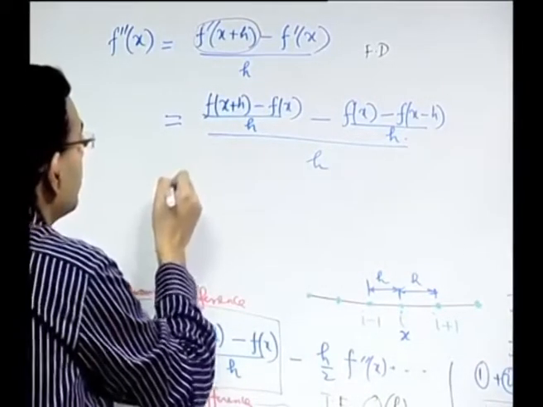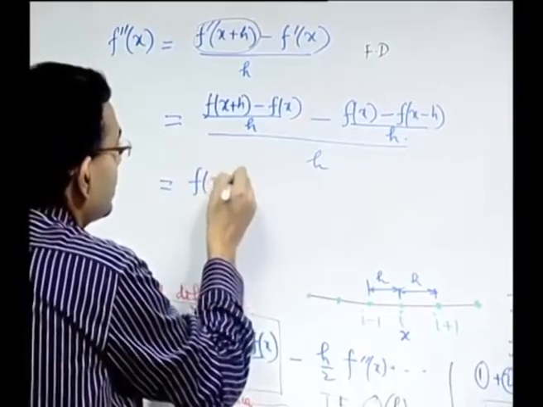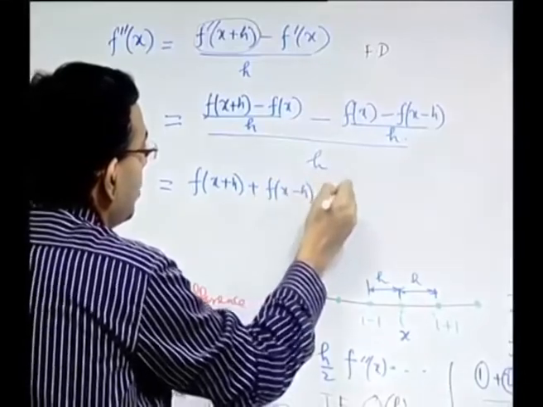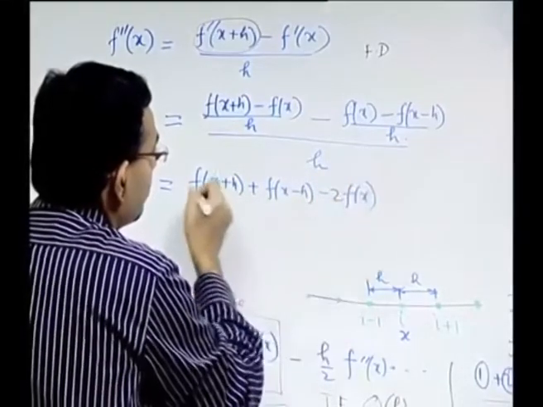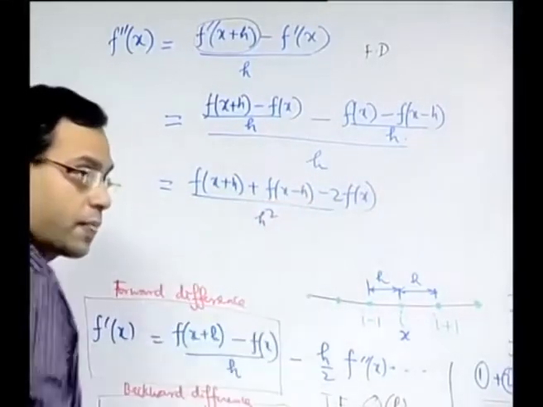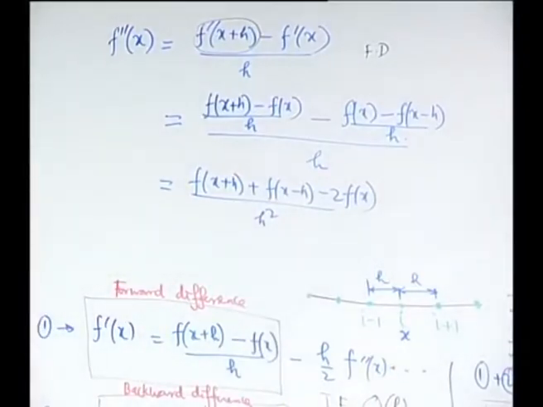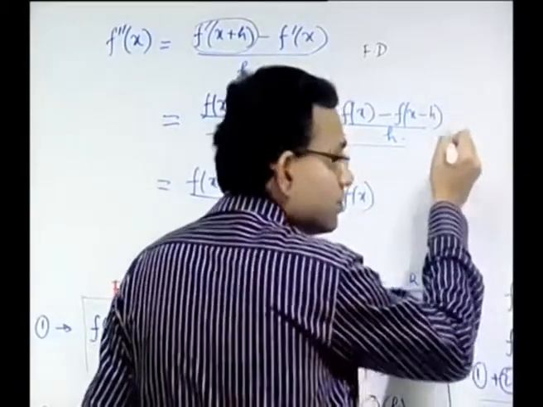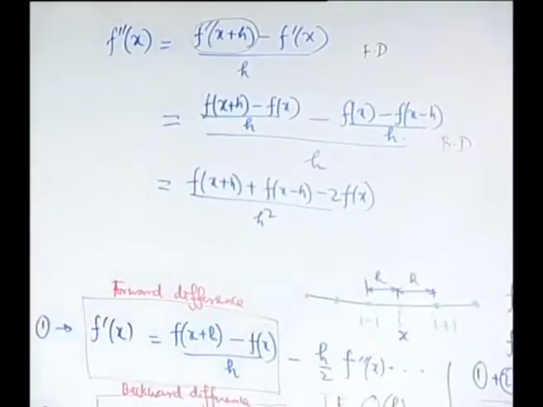So f x plus h plus f x minus h minus 2 f x by h square. So the central difference formula may be perceived as two successive steps of one forward difference and another backward difference formula for first order derivatives.